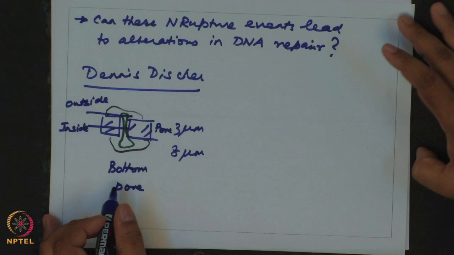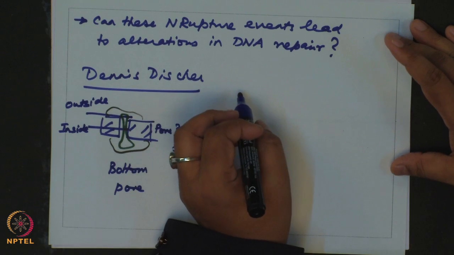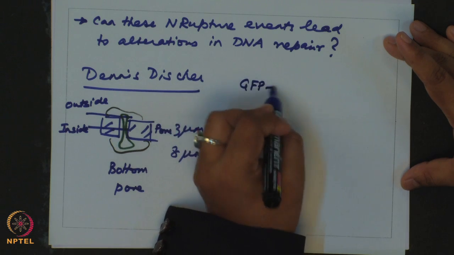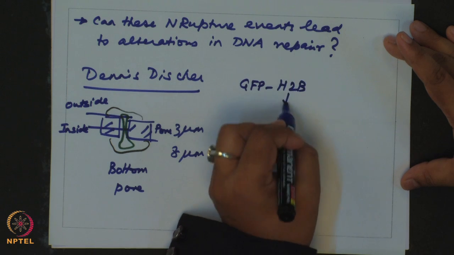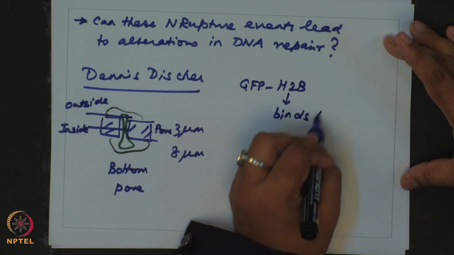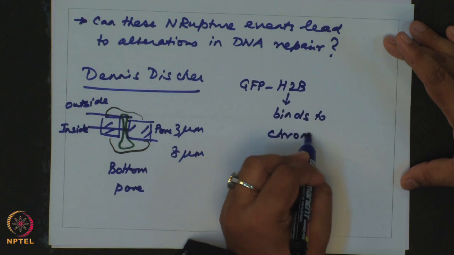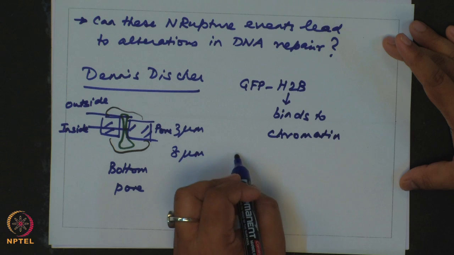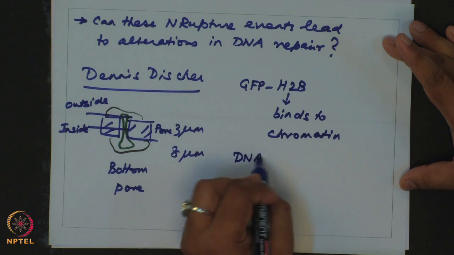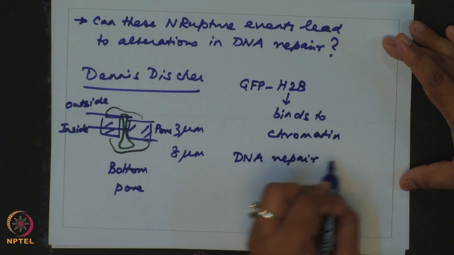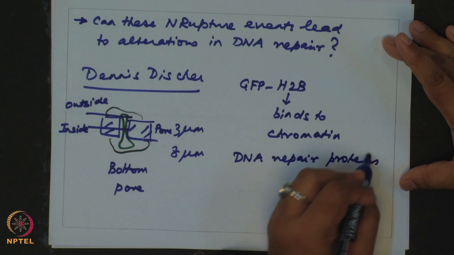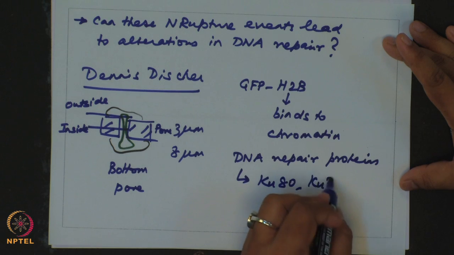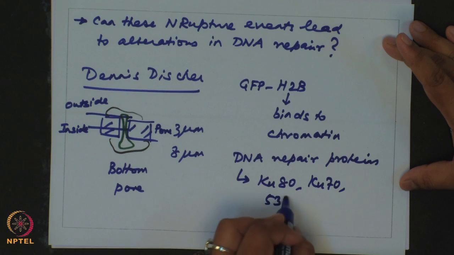Okay. So, what they did was they transfected cells with a multitude of proteins. So, they had GFP H2B, okay, this binds to chromatin. Okay. So, cells were transfected with this, but importantly other DNA repair proteins, including Ku80, Ku70, 53BP1.